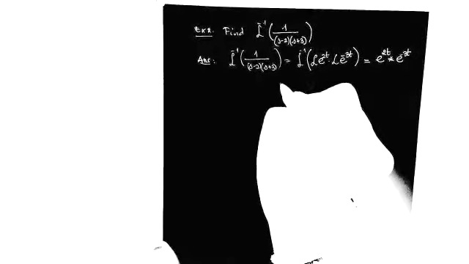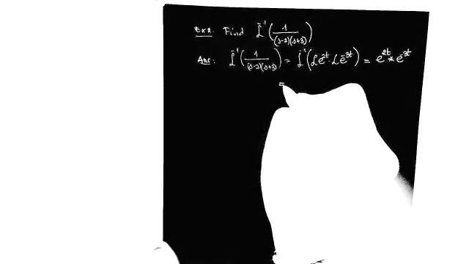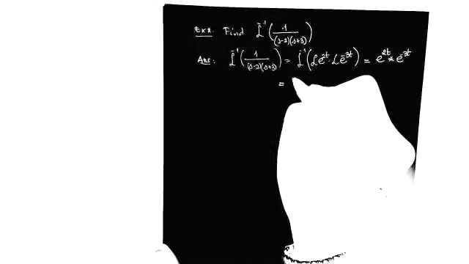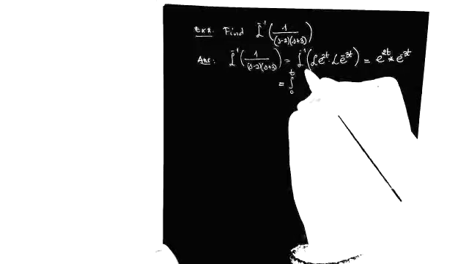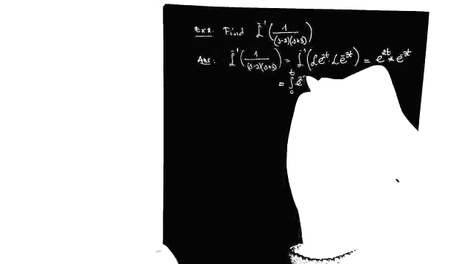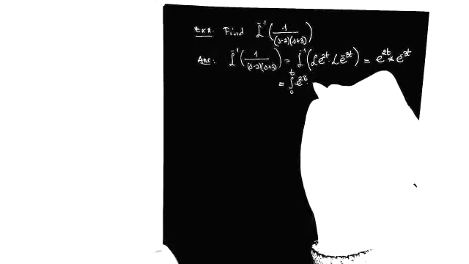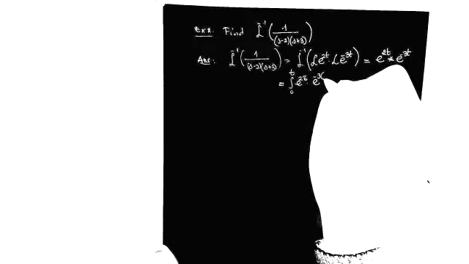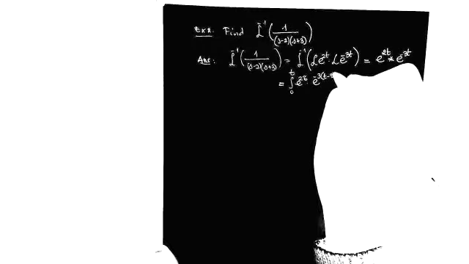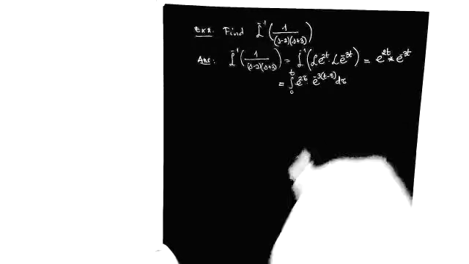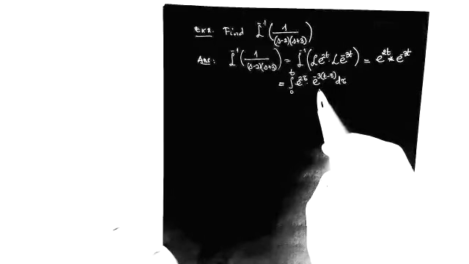So when I write it this way, I just go ahead and write that that's the answer: the integral from 0 to t of e to the 2 tau times e to the minus 3 times (t minus tau) d tau, because it is f of tau times g of t minus tau.